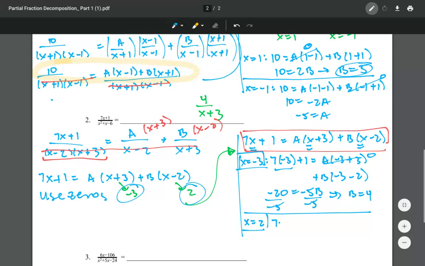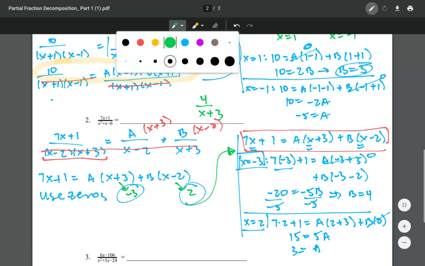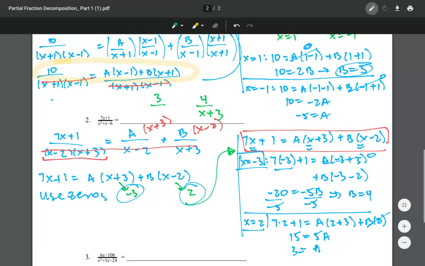So I get 7 times 2 plus 1 is equal to a times 2 plus 3 plus b times 2 minus 2, which is 0, so that goes away. 7 times 2 is 14 plus 1 is 15, equals 5a. Divide both sides by 5, so a is 3. So there's my other fraction: 3 over x minus 2 plus 4 over x plus 3.